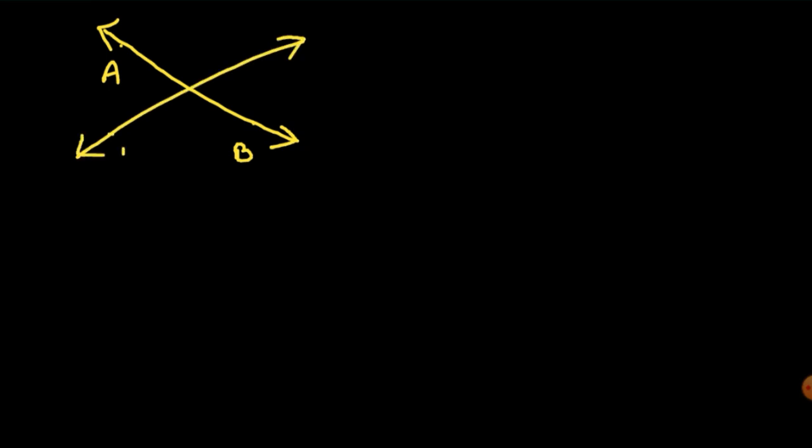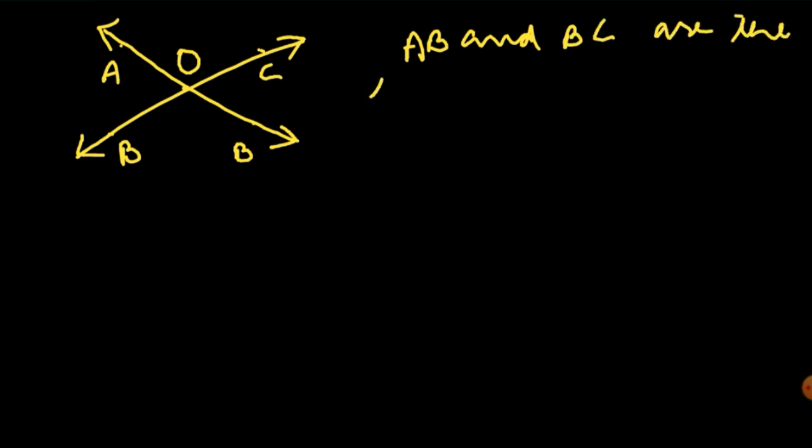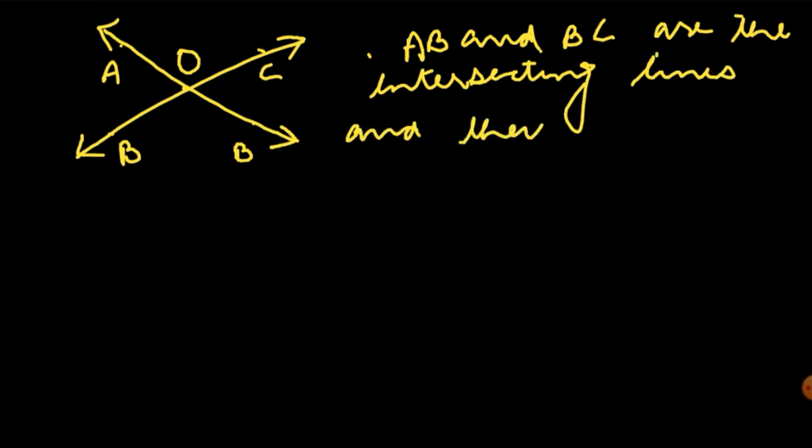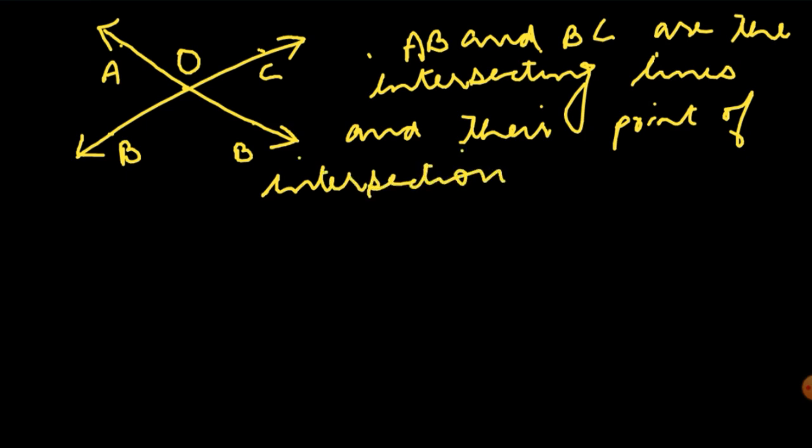This line is BC. Now these both lines intersect at a point. Say this point is O. So AB and BC are the intersecting lines, and their point of intersection is O.